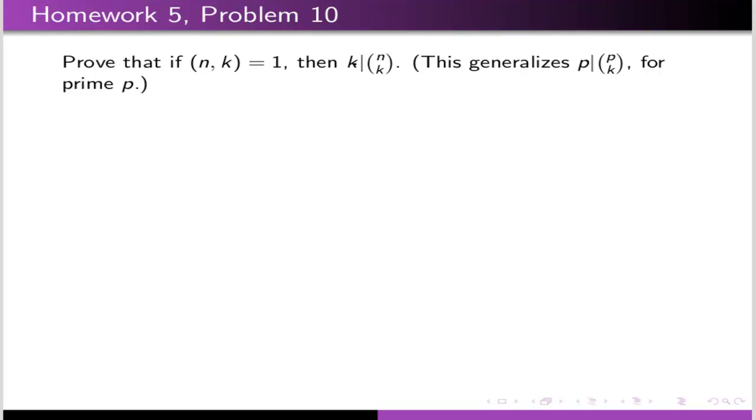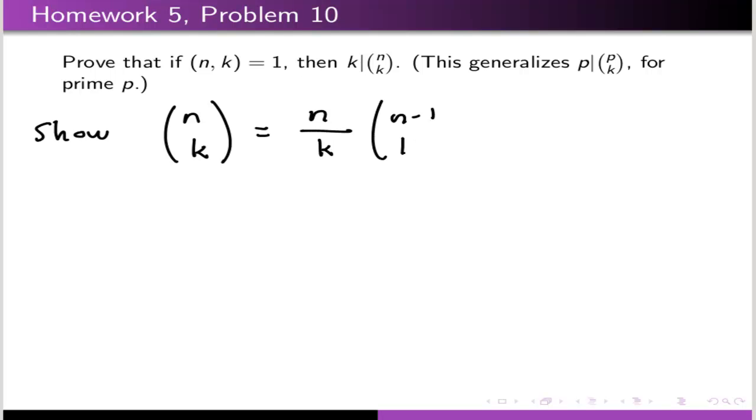So I think the neatest way of doing this is just to use this fact. N choose k, so if you haven't seen this before, show it. Show that n choose k is n divided by k times n minus 1 choose k minus 1.